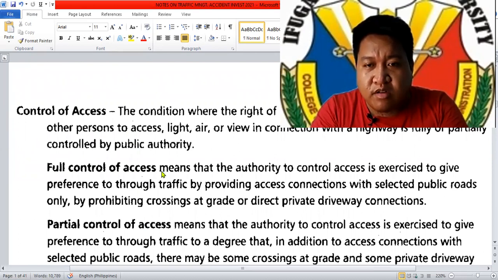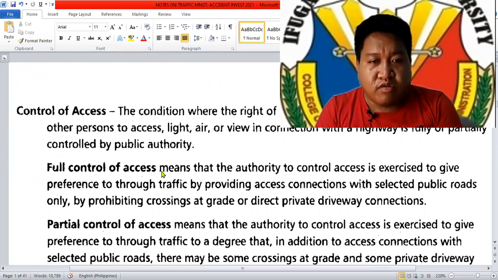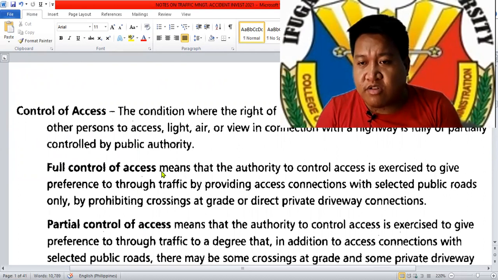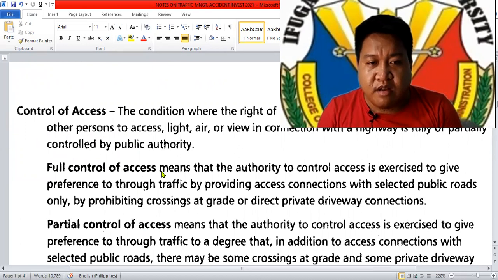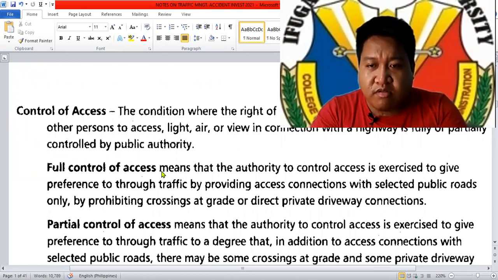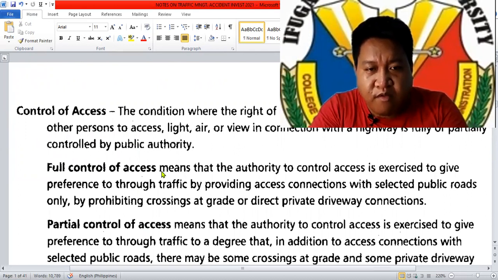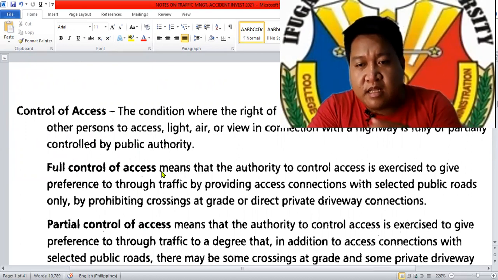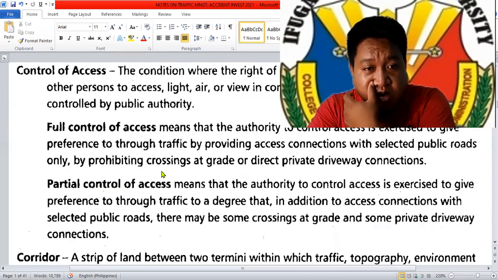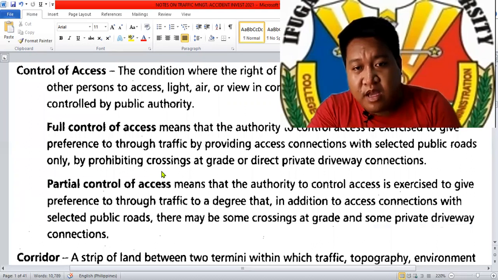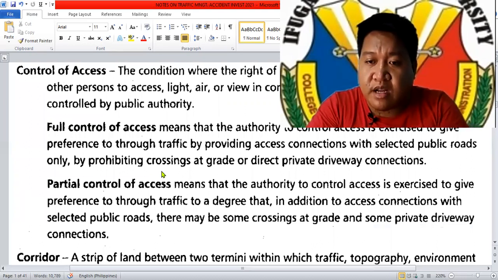Full control means the authority to control access is exercised to give preference to through traffic by providing access connections with selected public roads only, by prohibiting crossing at grade. And partial control of access means that the authority to control access is exercised to give preference to through traffic to a degree that in addition to access connections with selected public roads, there may be some crossing at grade and some private driveway connections.